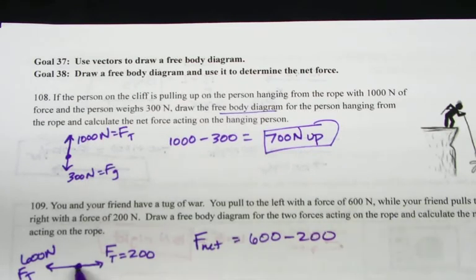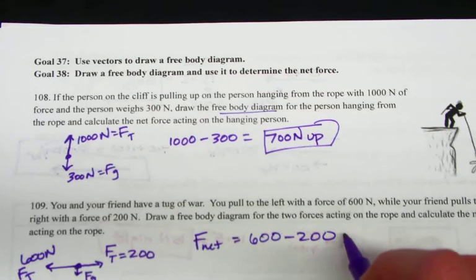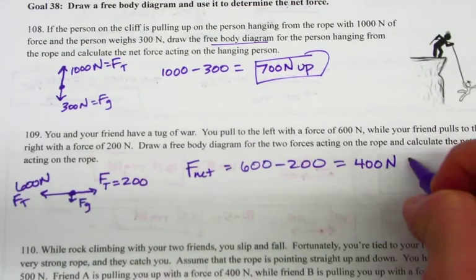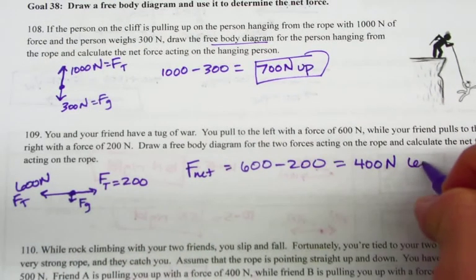Again, there is a little bit of a gravitational force working here, but it's so small that we kind of ignore that. So we have 600 minus 200, that's going to equal 400 newtons. 600 is the greater force, and so therefore that's going to work to the left.